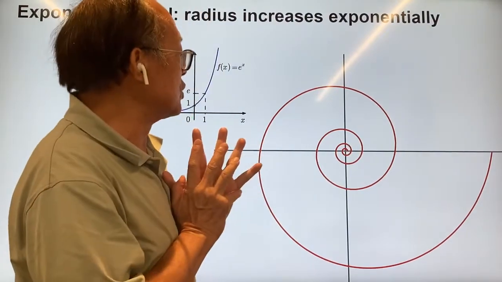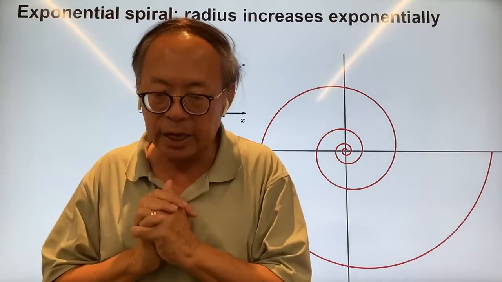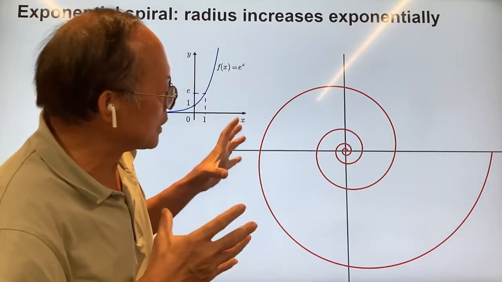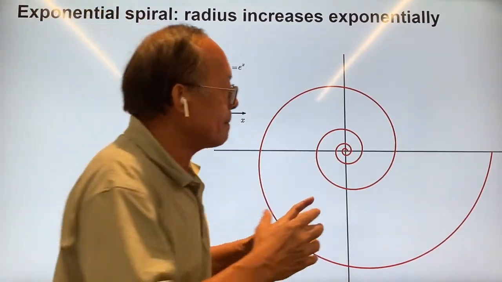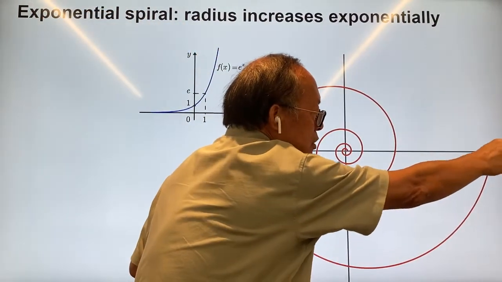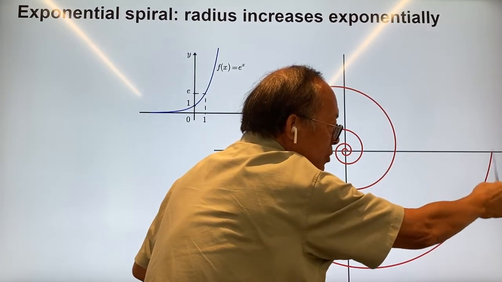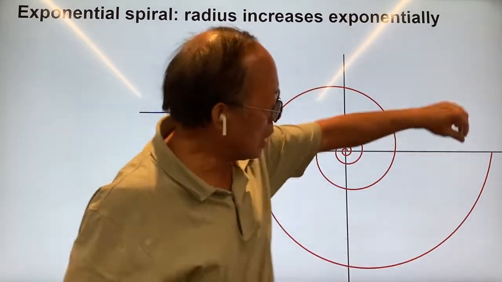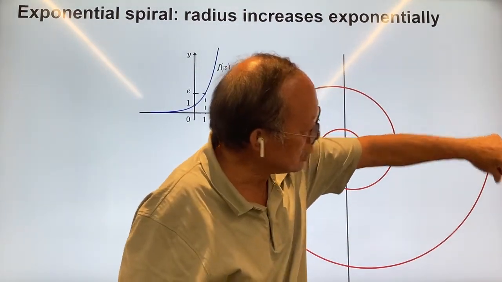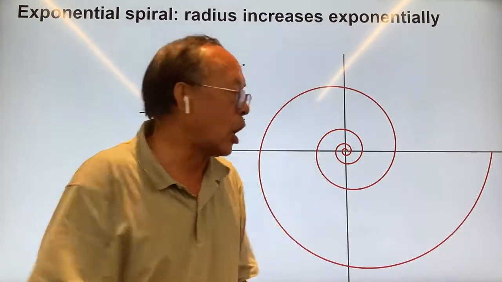There are several reasons for that. It's self-similar largely because of the angle at which this makes with this tangent. If you look at, for example, this angle here, it's a constant angle.